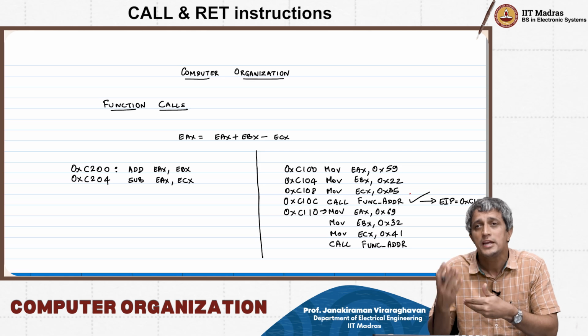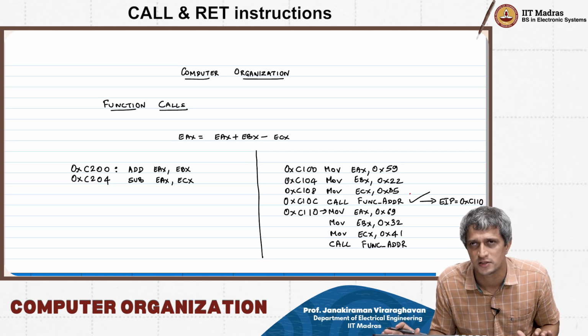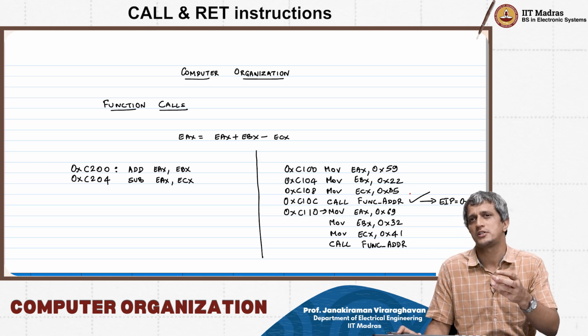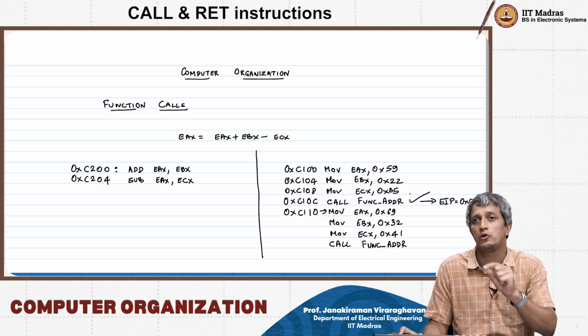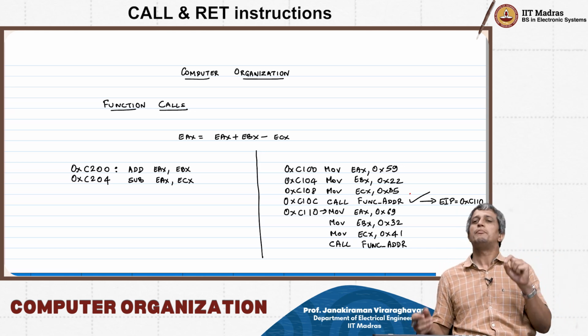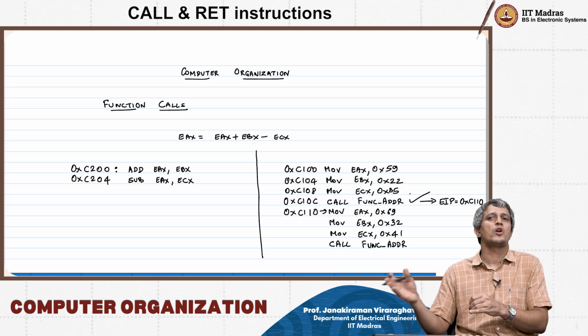I can make infinite function calls in a C program. Therefore, I will not have enough registers to store this return value for each of these functions, and that is why the memory itself is used to store this return value.